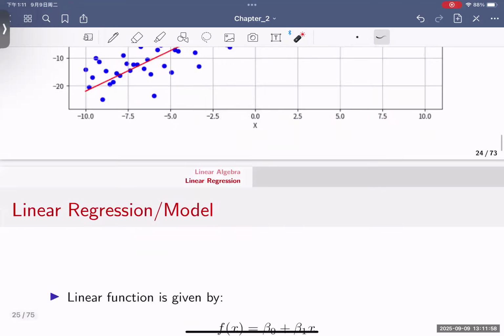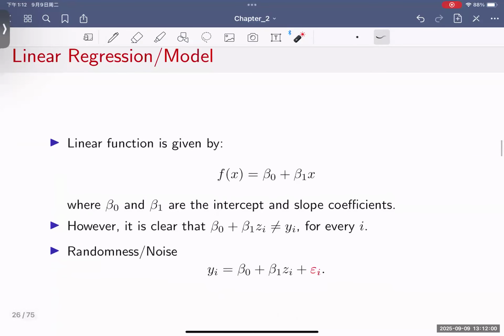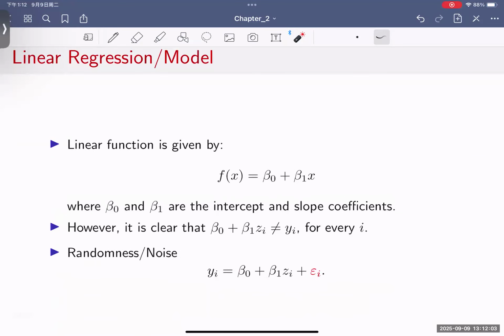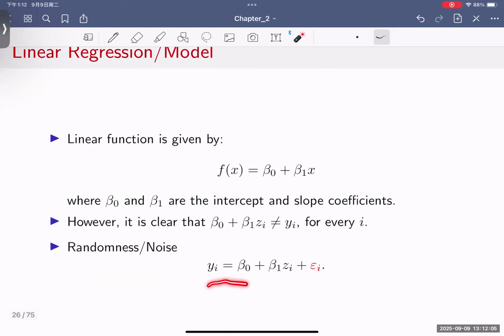Now we have our model, which is yi equals beta 0 plus beta 1 zi plus epsilon i. Here it is the one-dimensional case. Once we build this model, we are making an assumption on how the data is generated. The data is generated according to this model, so we have assumed a generative mechanism for our data.